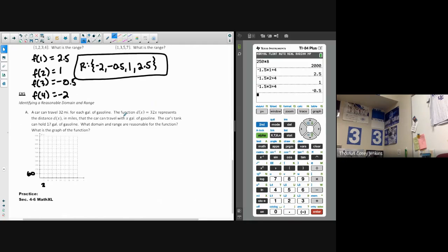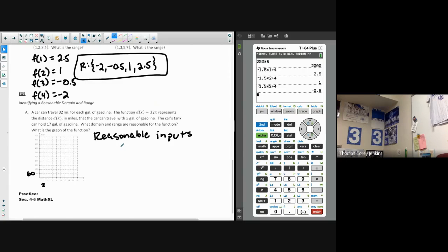Yes, you could have potentially an empty tank in theory, right? In real life, you know, you're never going to get to absolutely 0. You're always going to have some kind of residue. But just for the purposes of this problem, we're going to say you can get all the way down to 0. So I'm going to just kind of say what would be reasonable for our inputs.